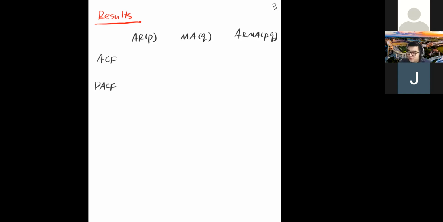So we have this 2 by 3 table. Okay. So for the AR(p) model, the ACF tails off. The PACF cuts off after p. For the MA(q) model, the ACF cuts off after q. The PACF tails off. For the ARMA(p,q), unfortunately, both ACF and PACF tail off.